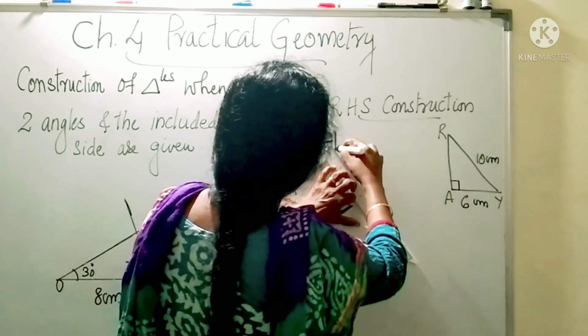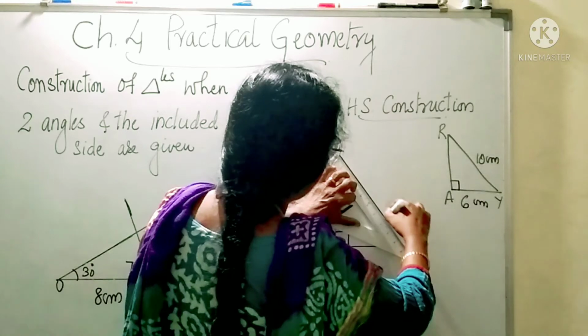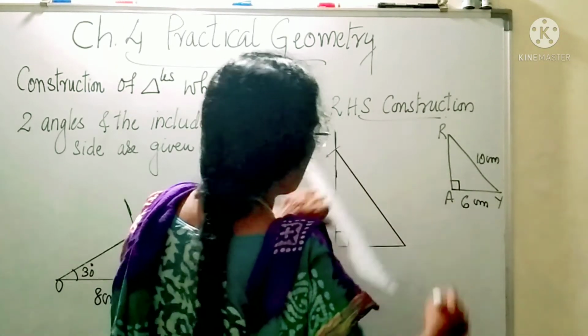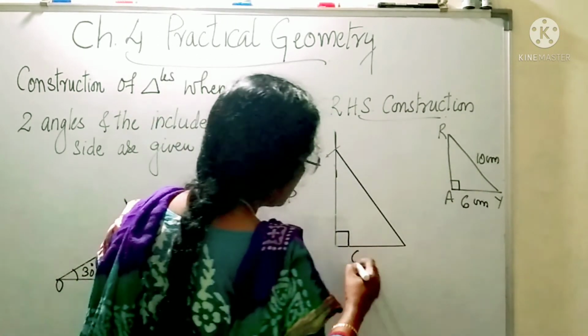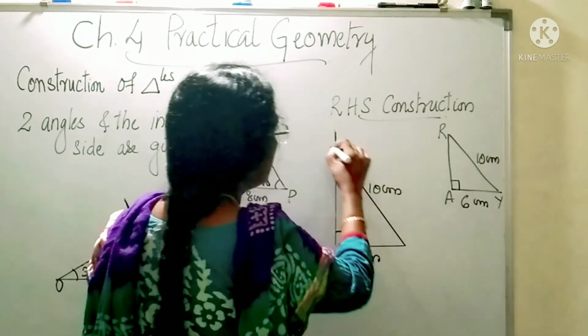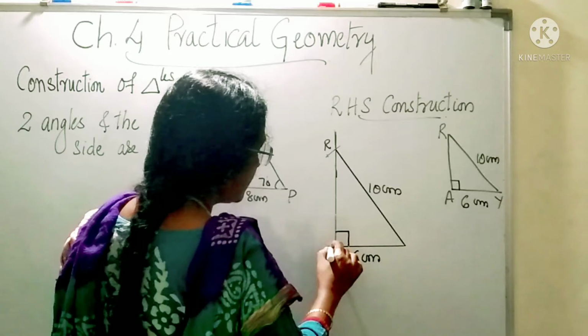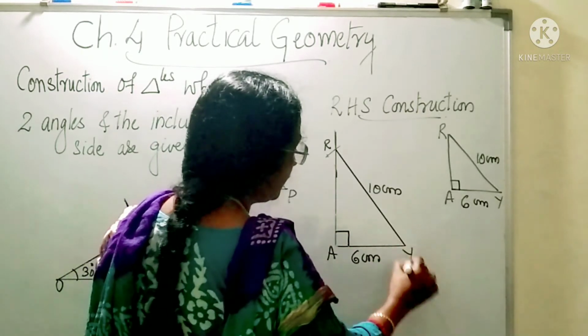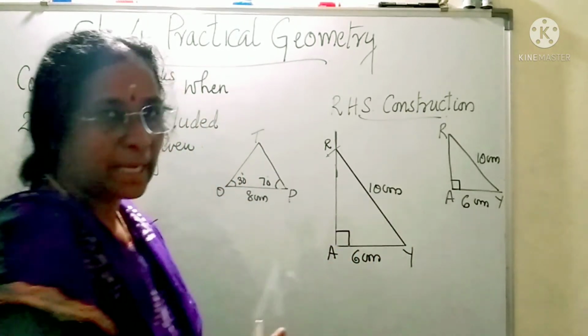Keep it here and join. So, this is 6 centimeter. This is 10 centimeter. Mark this point as R, A, Y. Ray. This shows 90 degree.